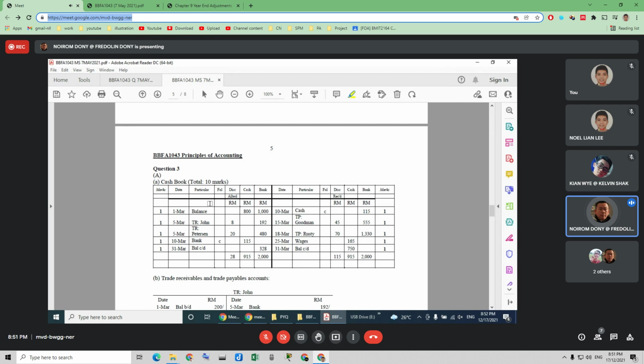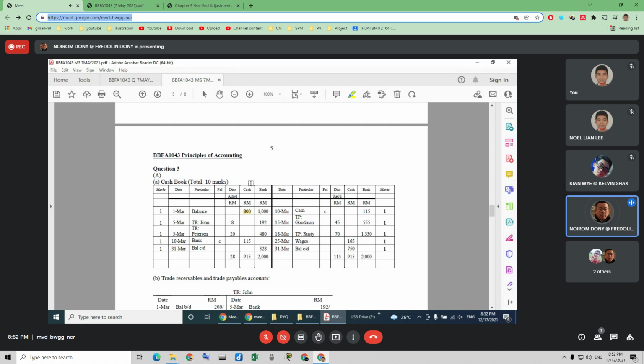At 1st of March, the financial position of R Singh business showed the following items. So we have cash in hand, 800. Cash in hand is an opening balance, referring to the cash column. So that's why in the cash column we need to record 800 as an opening balance.